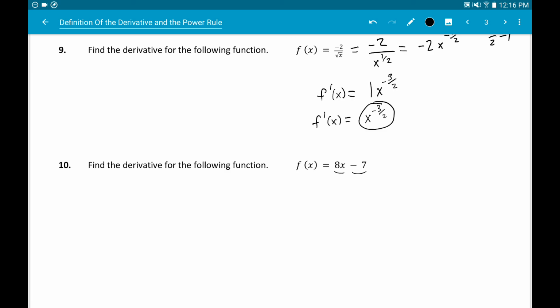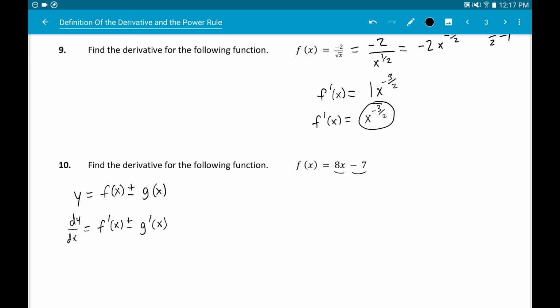In derivatives, there's a rule that says this. If I've got y equal something plus or minus something else, that's two separate terms. Whether we're adding or subtracting them doesn't matter here. If I want to get the derivative, I do the derivative of the first term plus or minus the derivative of the second term.